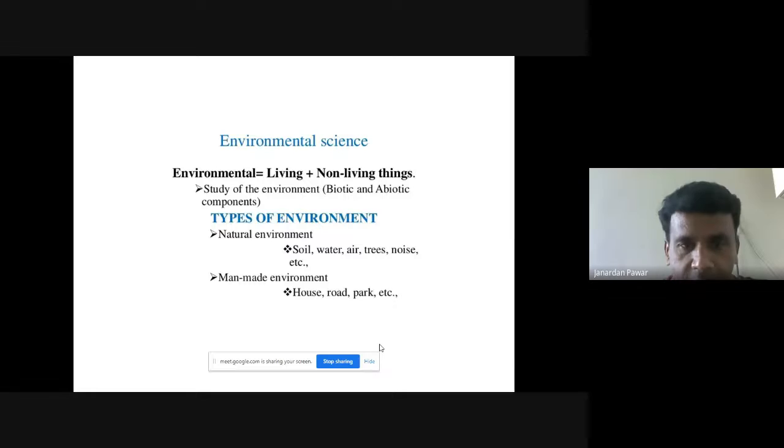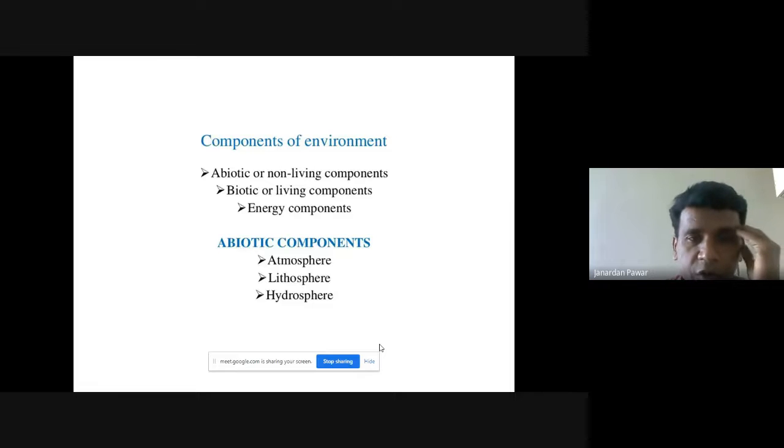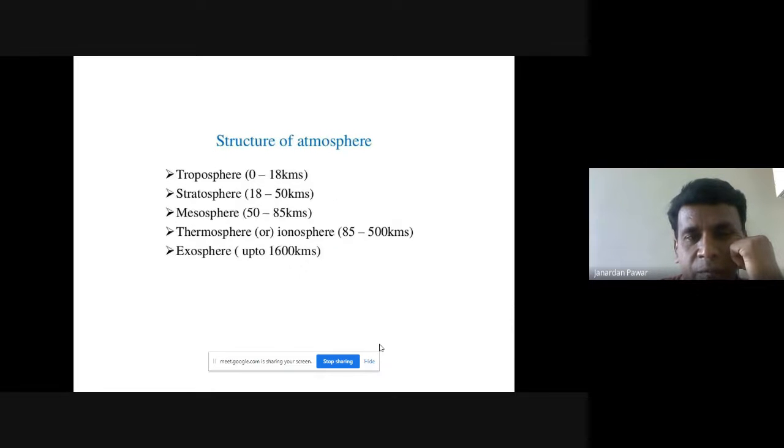Yes, sir. Okay, so environmental sciences we have seen, and there we talked about biotic and abiotic. Even we talked about types of environment in a detailed manner. After that, we talked about components of environment, and there are 3 types of components of environment: biotic, abiotic, and energy components. All these things we saw yesterday in a thorough manner, and we also saw the structure of the atmosphere clearly.